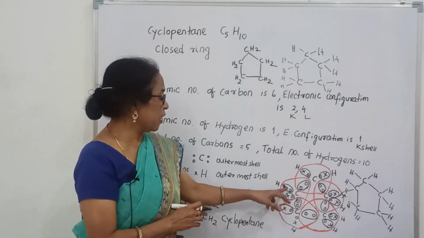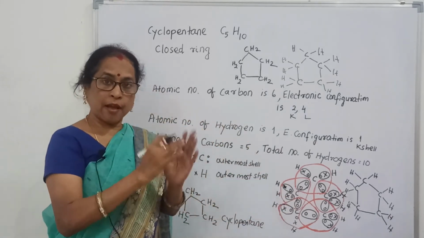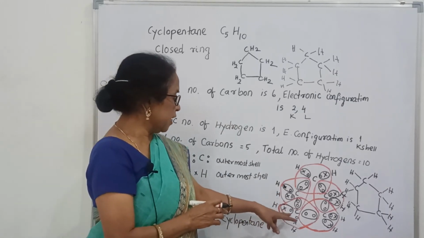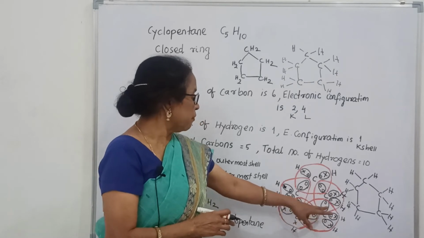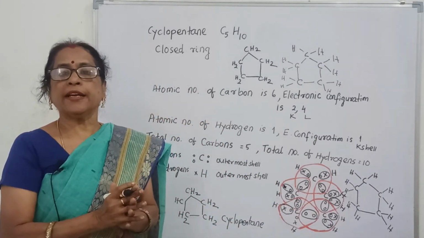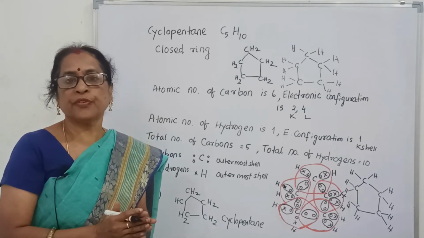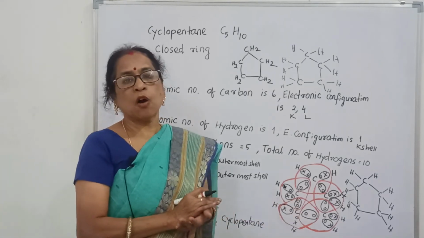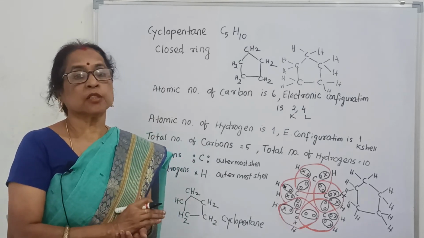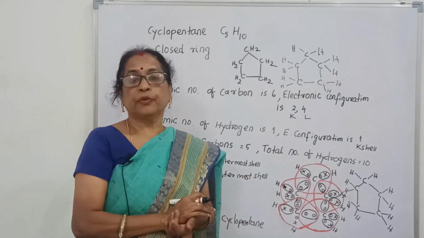Here all carbons are having 8 electrons in outermost shell. You can see here also the 5 carbons, they are satisfied by 8 electrons, that is inert gas configuration. You can see the outermost shell is having 8 electrons. It is nearer to the neon configuration.